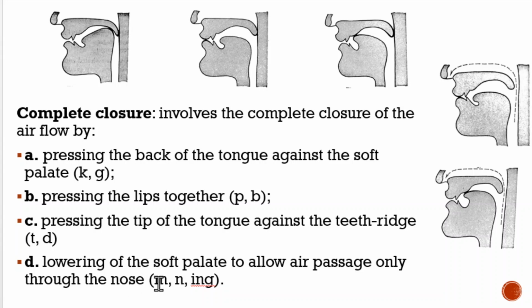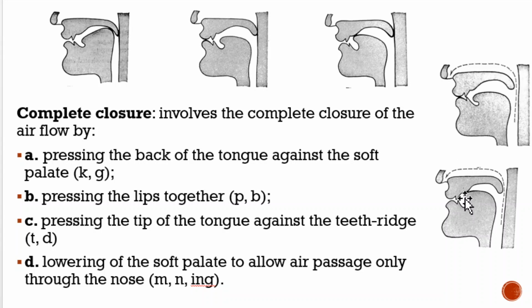In the production of n and ing, again you have the soft palate being lowered. Here in these three, the soft palate is raised and closes the chamber. Here it is lowered. In these two positions, the soft palate is lowered and air flows out through the nose as well. In m position, you find the lips blocking and air flowing through the nose.